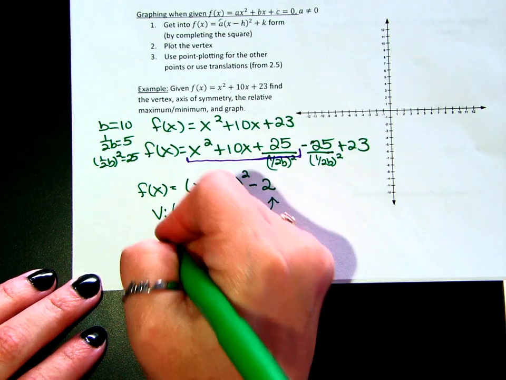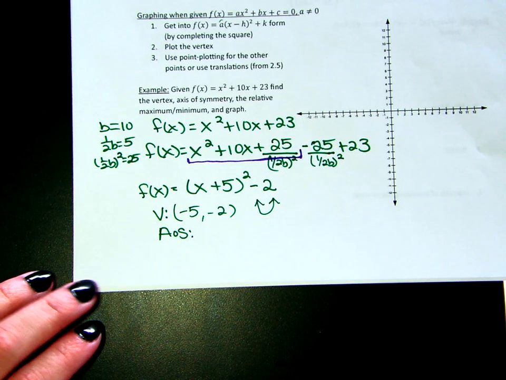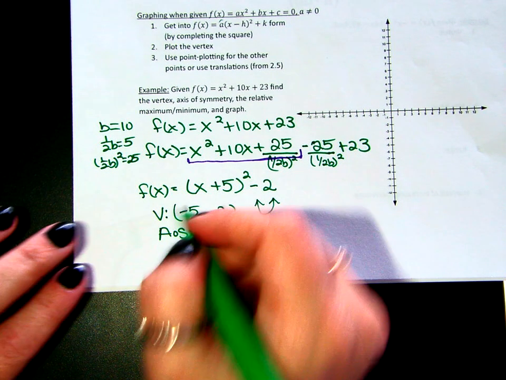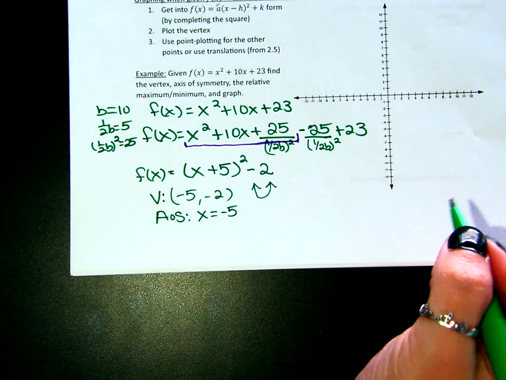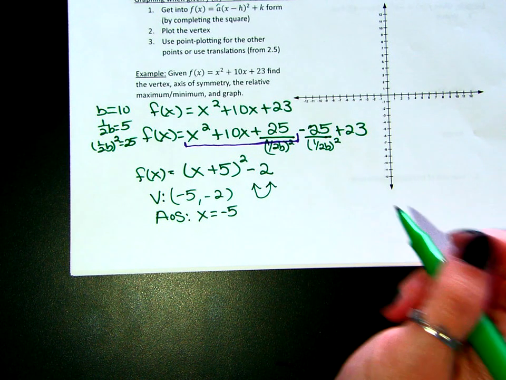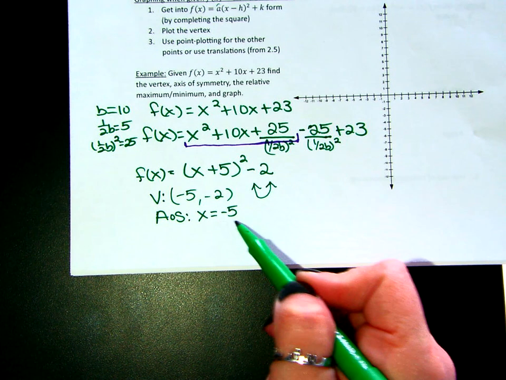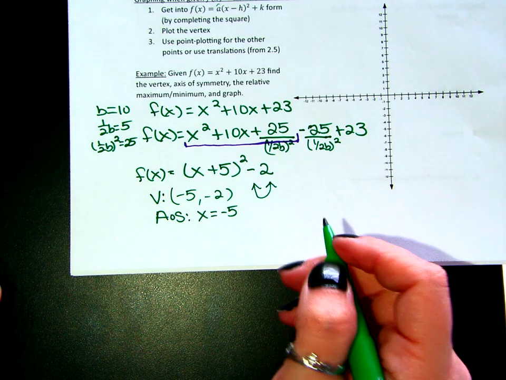What will that be? Yep, x equals -5. And you don't have to graph that anywhere. They just might ask you for the equation of the line. And if they ask you for the equation of the axis of symmetry, you can't just put -5 because that's not an equation. You have to put x equals. So be careful on that.